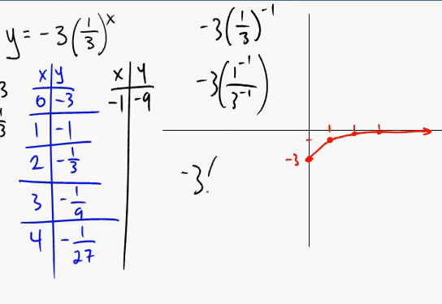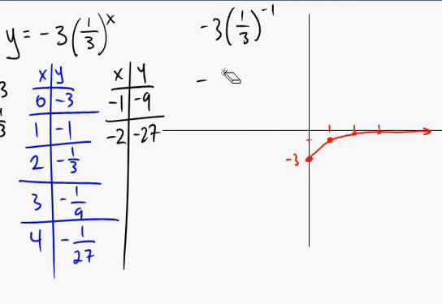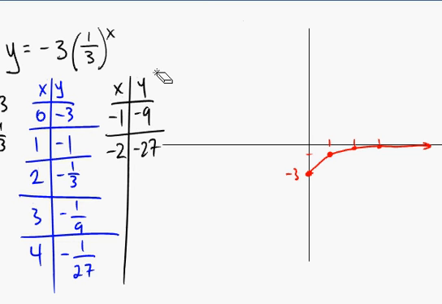Which is this. Which is negative 9. Negative 2 would be negative 27. So we're moving backwards now. So instead of multiplying by a third, we're dividing by a third, which is multiplying by 3. Alright, so as you could tell, as we move to the left here, the numbers start dropping off real fast. Negative 1 would be down at negative 9. And then way down at negative 27 on the next one, that looks like this.